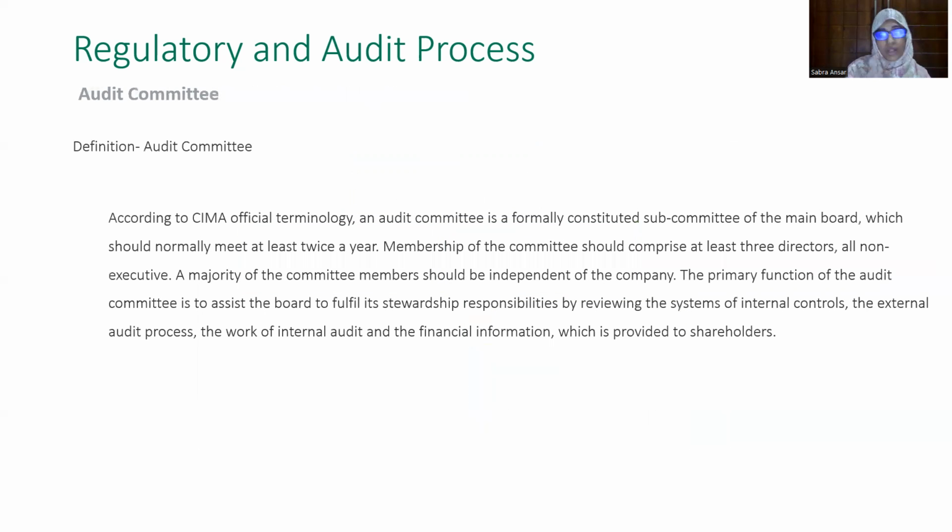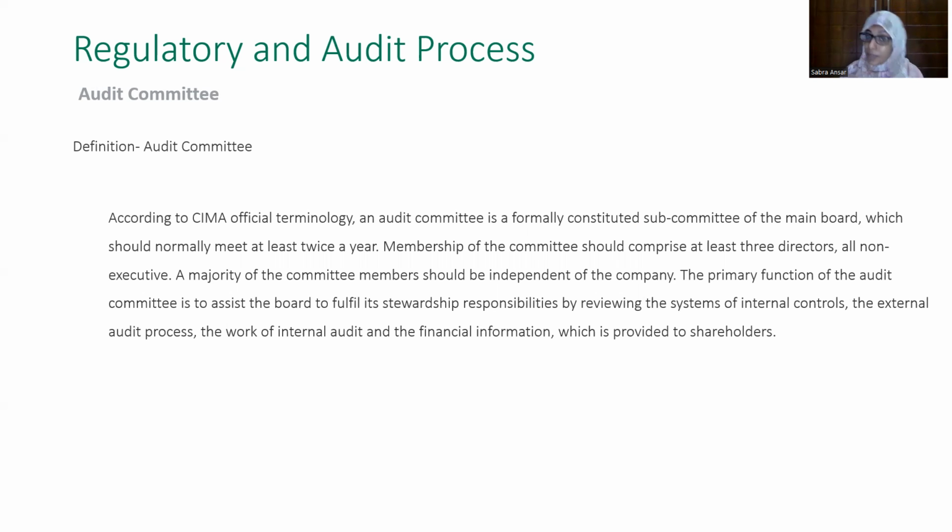I know these are all theoretical things, but we need to understand what they mean. An audit committee is formally constituted by subcommittees with a main body which meets twice a year.